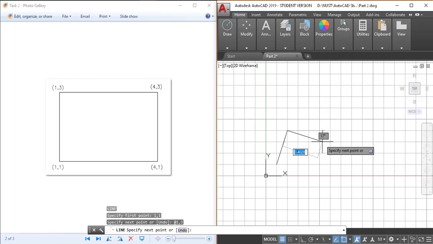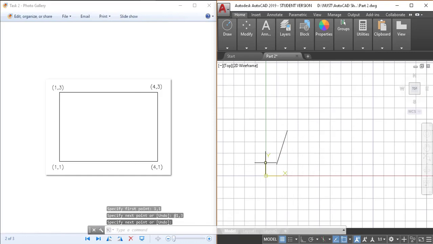You can see that this line is not the same as this line. This line has to be vertical, but instead it's a slanted one. So why is this happening?